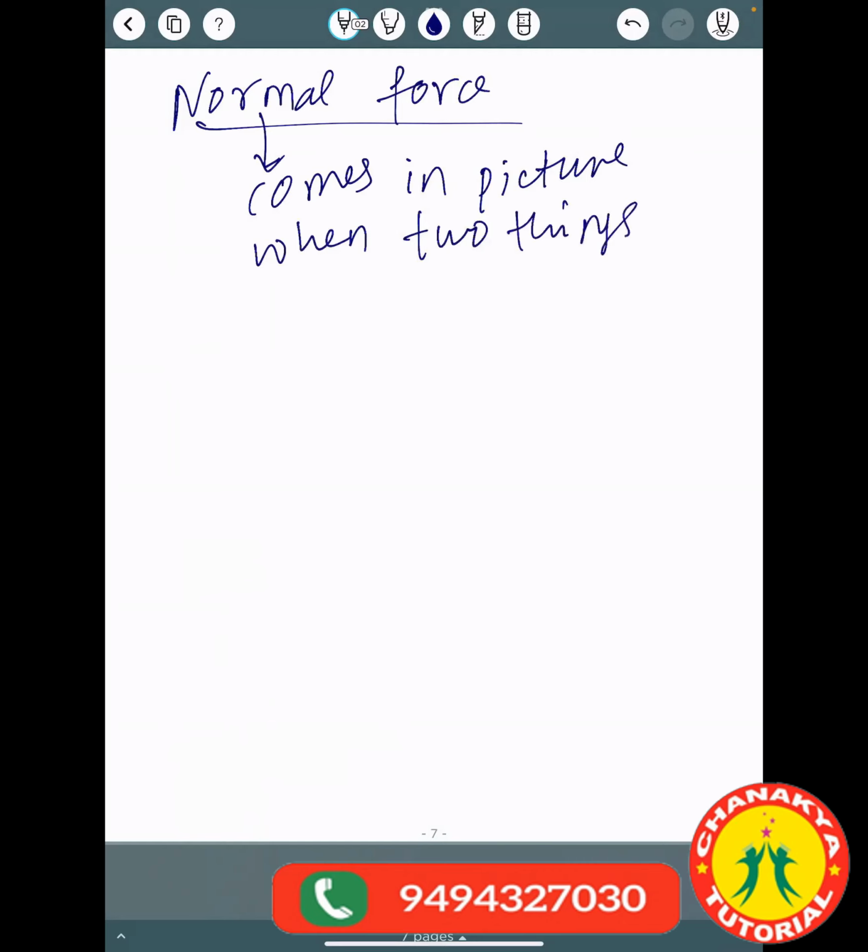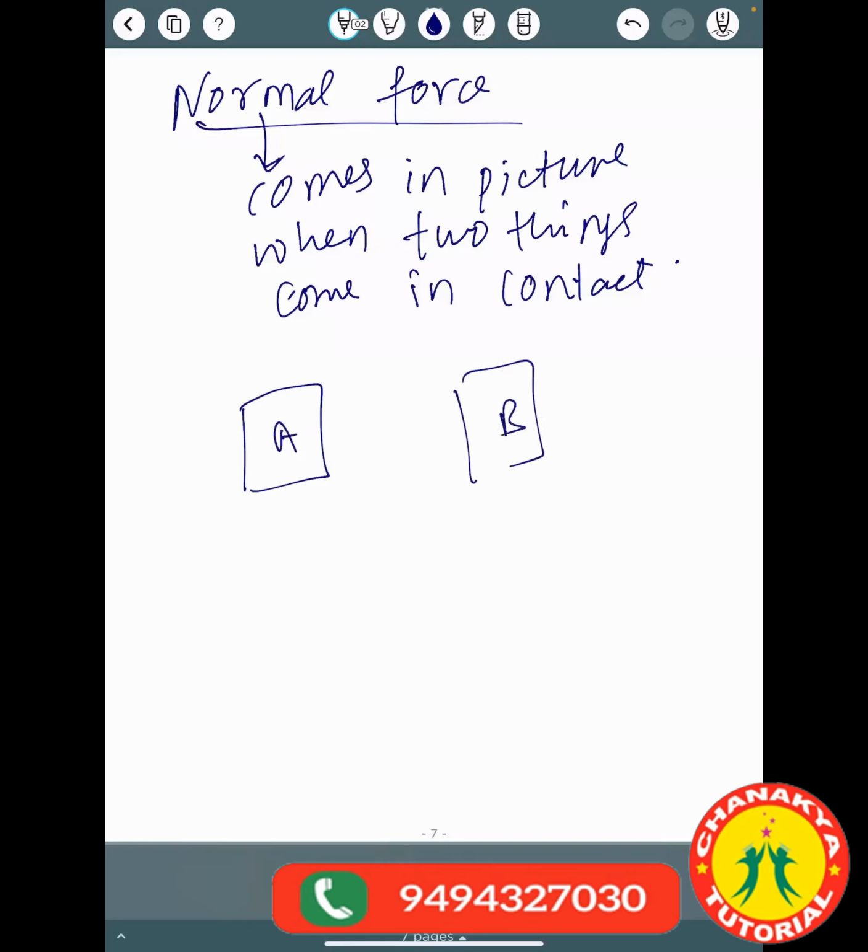For example, let's say there is one block A and another block B. If I bring them closer, they will touch each other, right? Then A will start applying some force N on B, that is called normal force, and the same amount of force B will apply on A, that is also normal force. And it is an internal force.